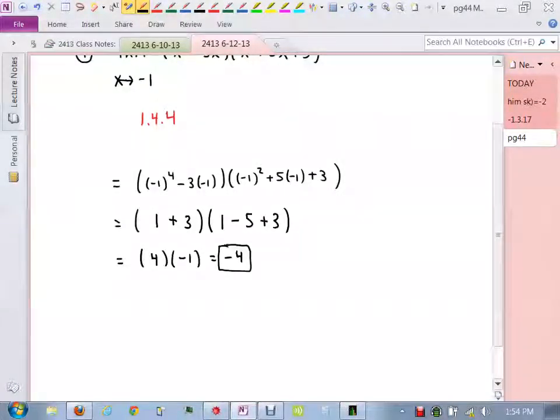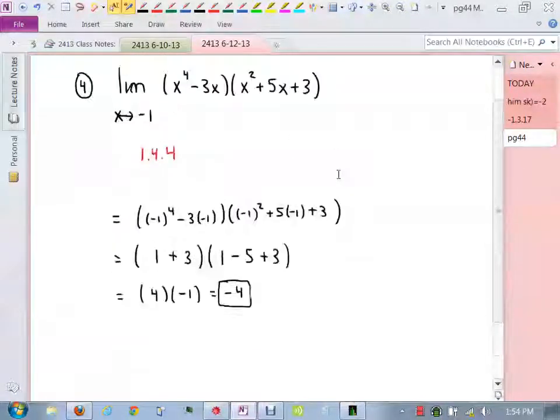That's direct substitution. Nothing to it, just plug in. You're allowed to do that if this is a polynomial function, a rational function, exponential, log, trig. All right?